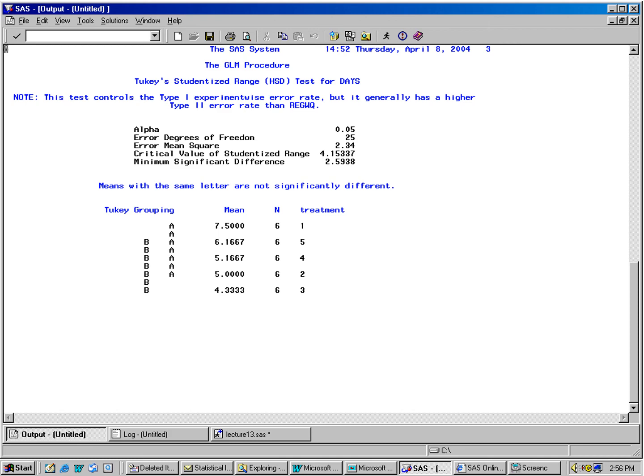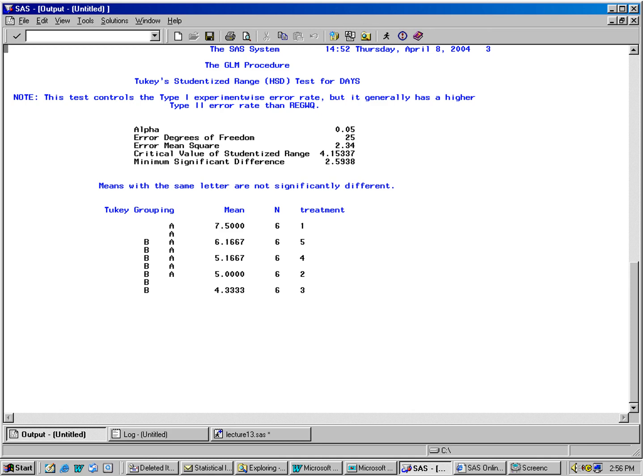So the only two treatments that would test as significantly different, because you're only statistically significant if you're not in the same group, are treatments 1 and 3, because treatment 1 is only in group A and treatment 3 is only in group B. So after adjustment, the only treatments that are significantly different are 1 and 3. Does that make sense?